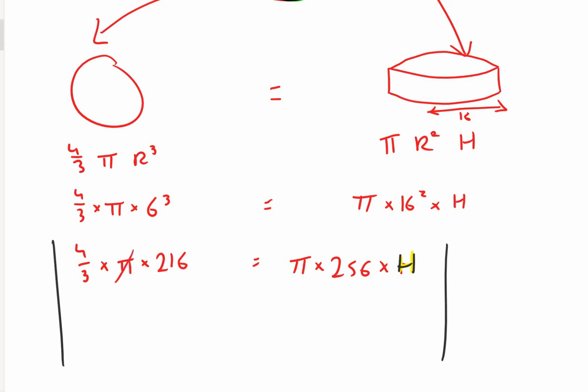Okay. So the pi's will cancel, or another way of saying it, divide by pi on both sides. This 4/3, we need to get rid of that, so I'll divide by 4/3 on this side, and I'll divide by 4/3 on this side. Divide by 4/3 on this side, and I'll just be left with 216.